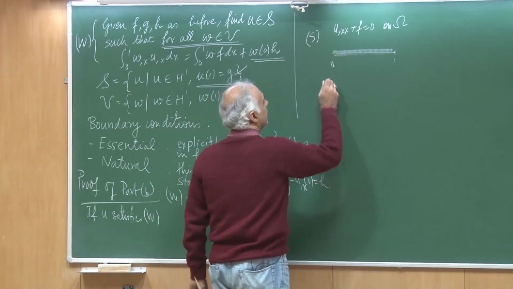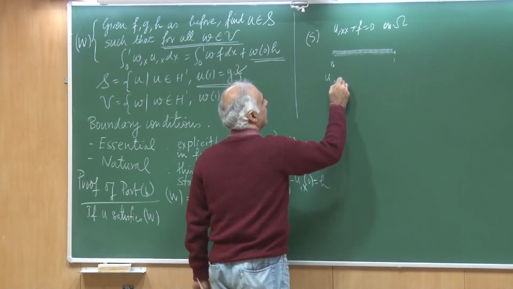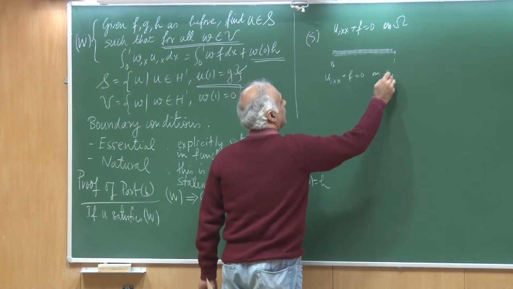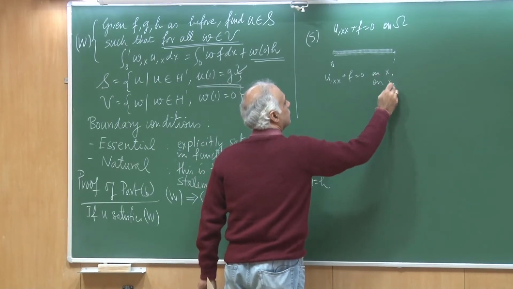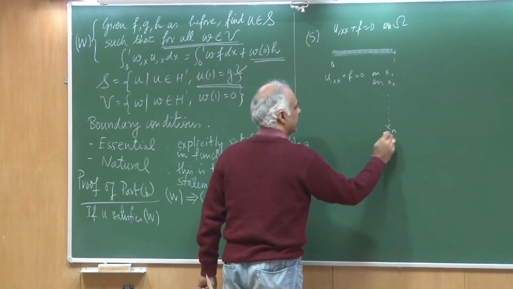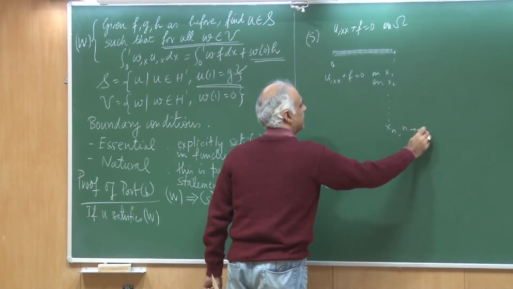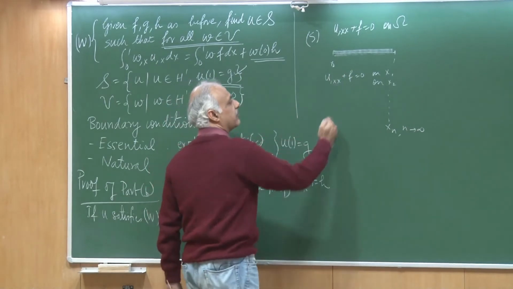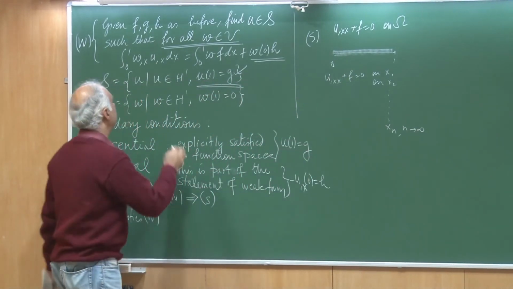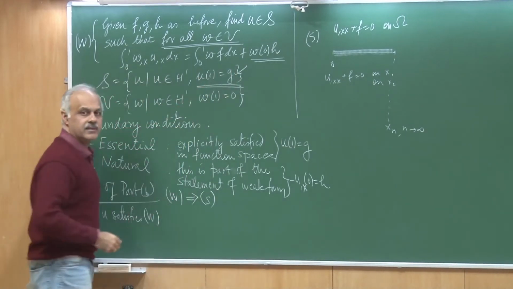So, if I had to write it down, this would be u comma xx plus f equal to 0 on x1, on x2 and all the way to xn, and of course n tends to infinity. So, these are infinite number of equations. How can they be equivalent to one integral form?